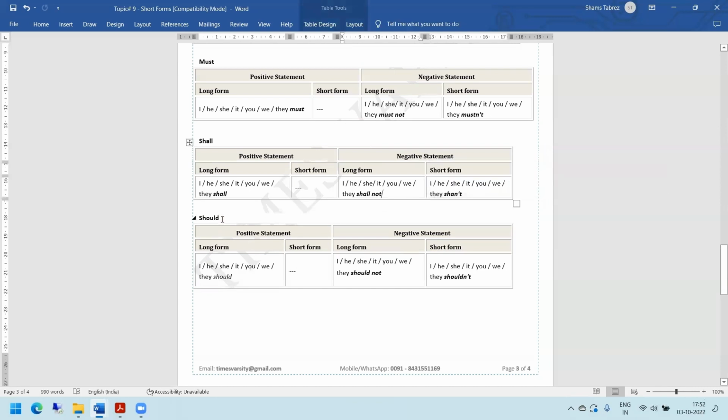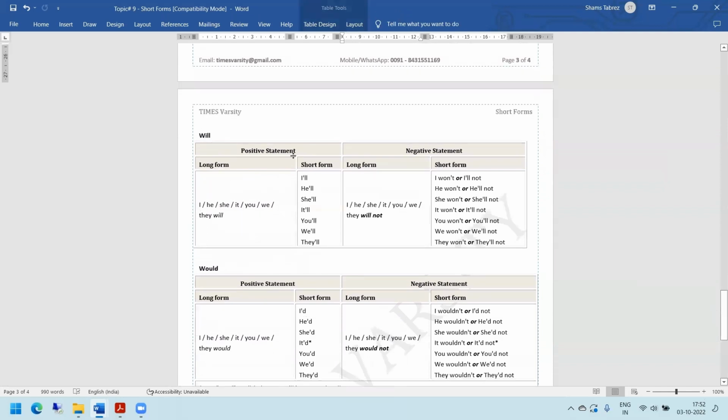Okay, similarly for should, I should do this, you should do this, right? So there is no short form for positive. However, for negative, we can say I should not do, they should not do, you should not do. So the short form is I shouldn't, you shouldn't, they shouldn't.